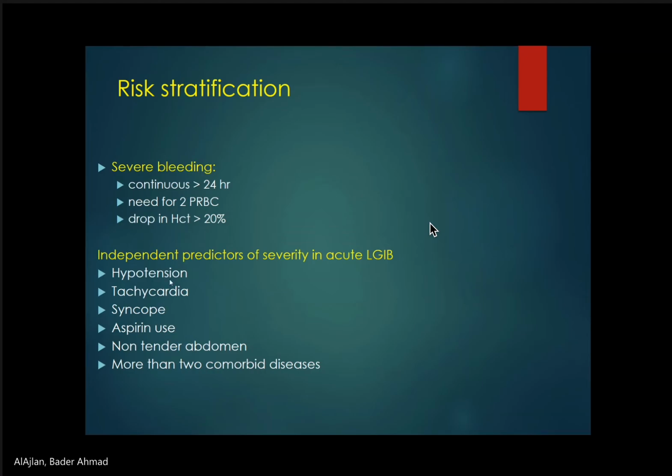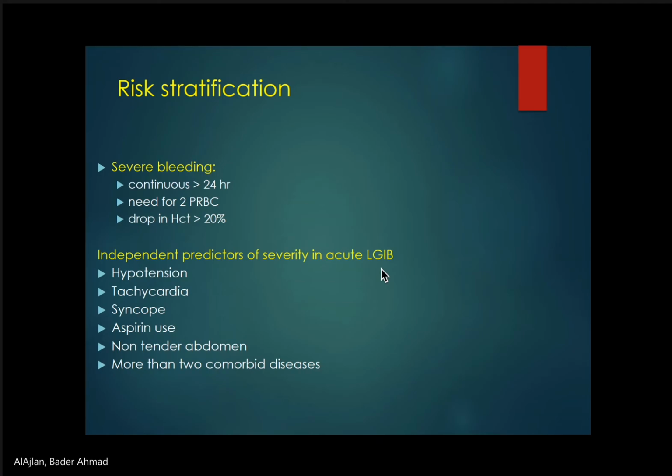There are multiple independent predictors for the severity of acute lower GI bleed. Mostly they are hemodynamic issues. For example, hypotension, tachycardia, and syncope can all be predictors of severity of the lower GI bleed. Also aspirin use, a non-tender abdomen, or if the patient has more than 2 comorbidities.